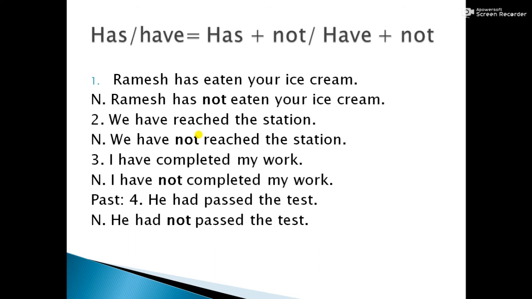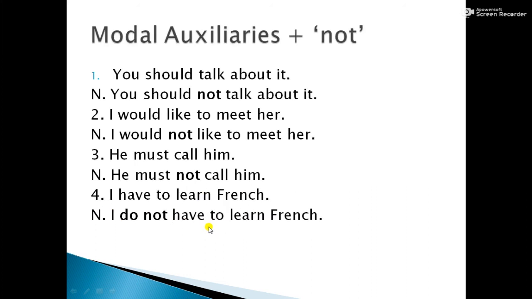The rule is very simple in the case of has and have: has not or have not. And when it is had indicating the past, you just have to add not between the had and the main verb. Again, in the case of modal auxiliaries, add not between the modal auxiliary and the main verb.